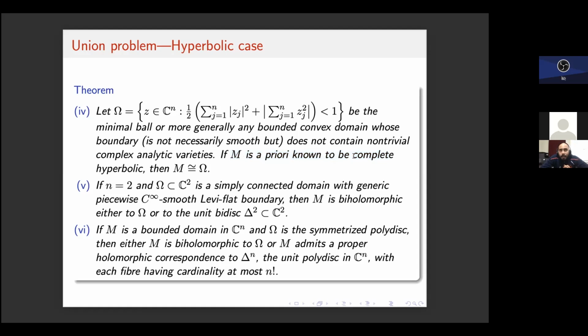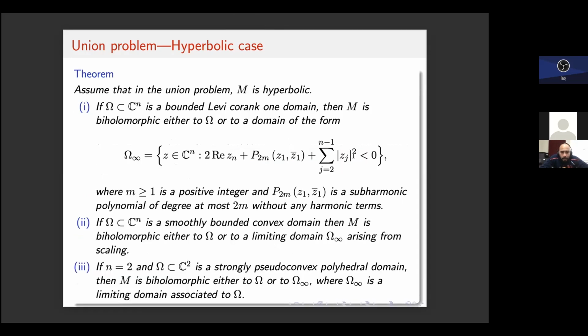And could I have a look at parts 1, 2, and 3 again, please, then? Yeah, yeah. Here everything goes through nicely, but the scaling, when we do for the minimal ball, this was by Kim, but why so?